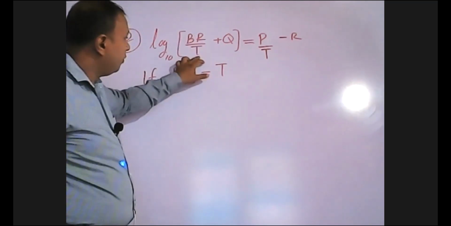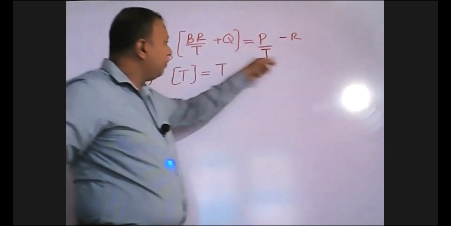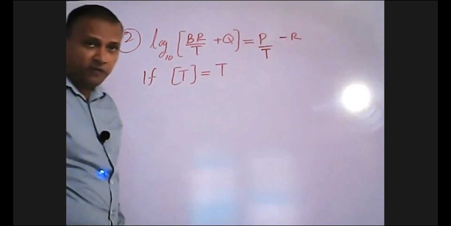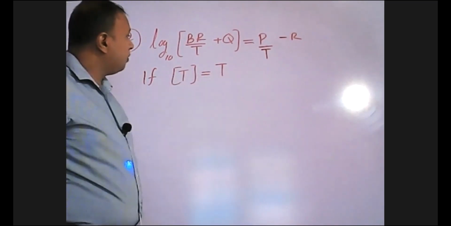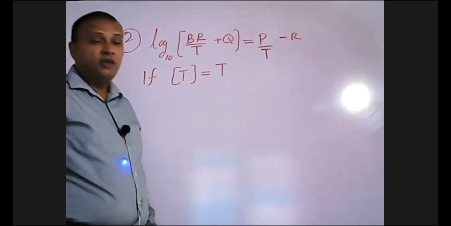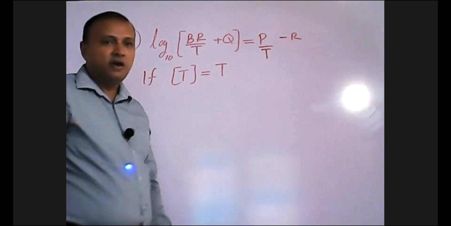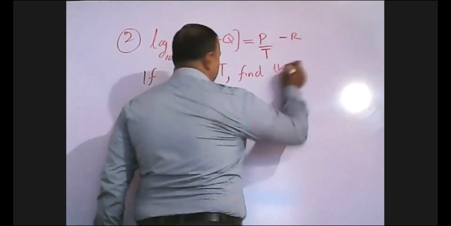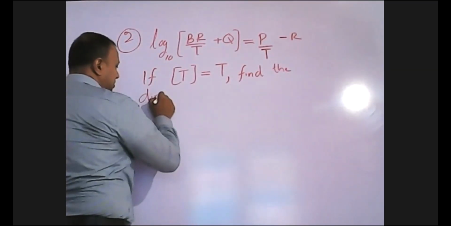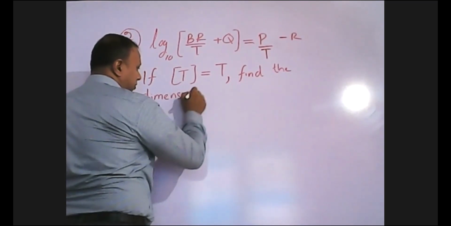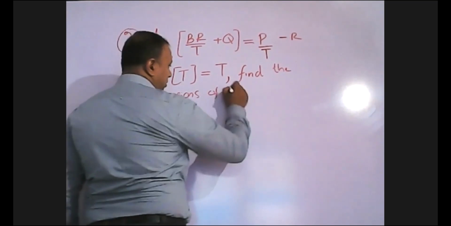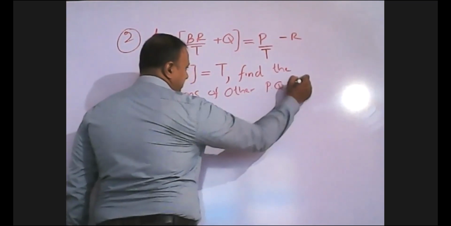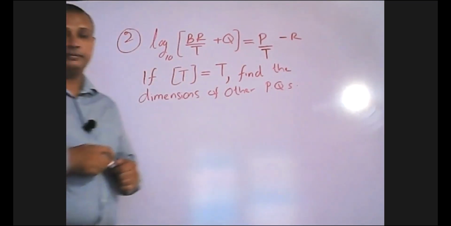The function is BR over T plus Q, that is equal to P over T minus R. So if the dimension of T is equal to capital T, find the dimensions of the other physical quantities. This is my second example.